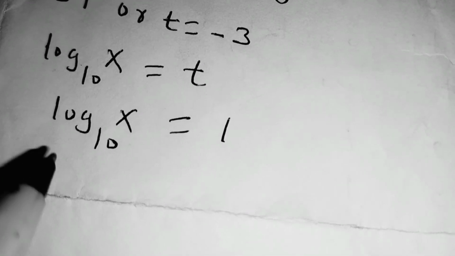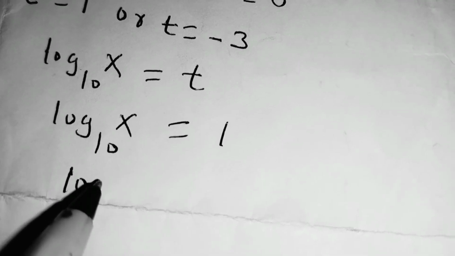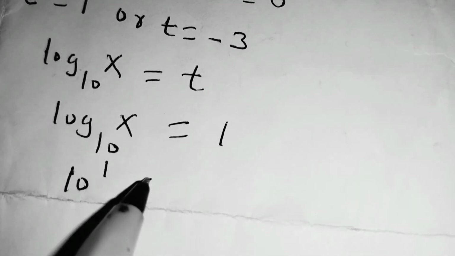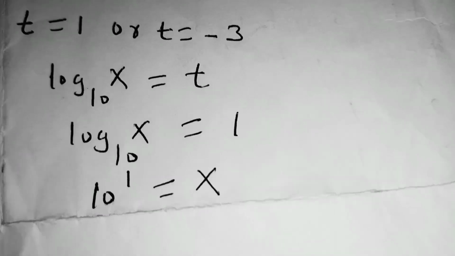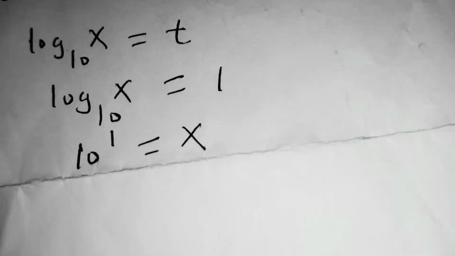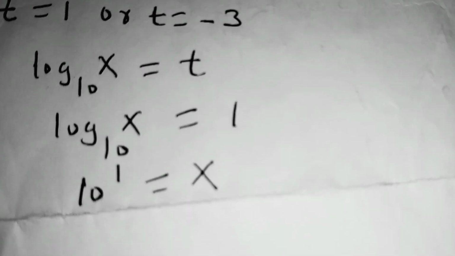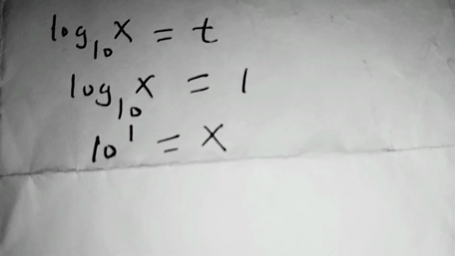We write this in index form, so it is 10 power 1 is equal to x. So one of the values of x is 10, since 10 power 1 is the same as 10, so 10 is equal to x.